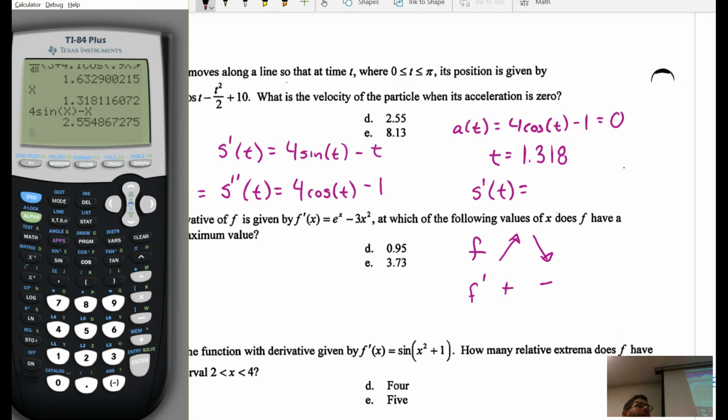If we want to store a different value into x, like if you hit 4, store is right here, and then x. Now every time I type x, I get 4.